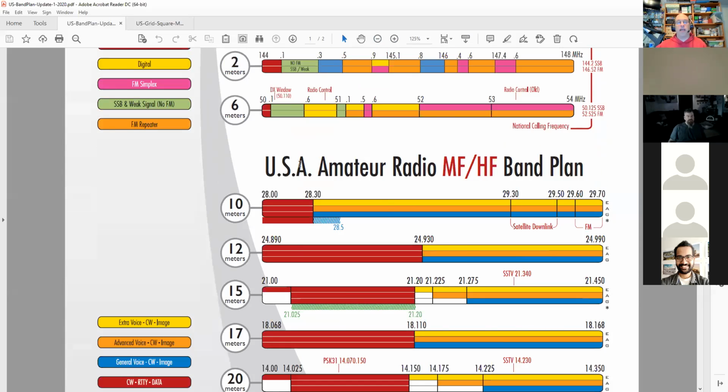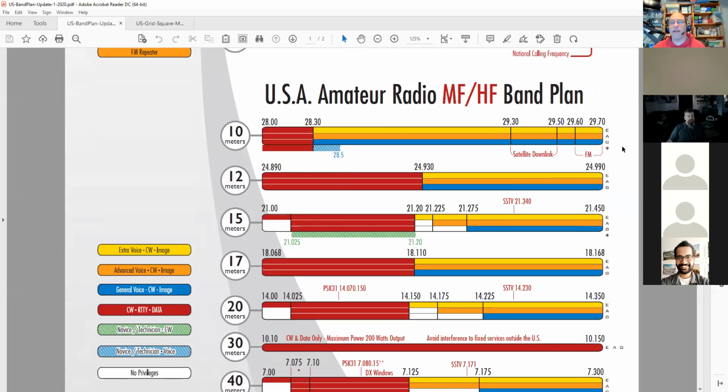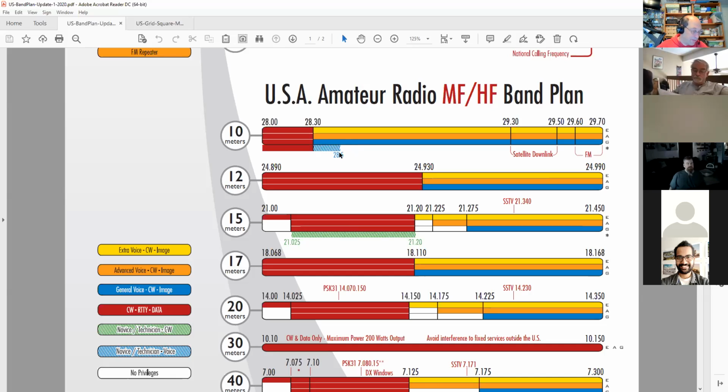Now let's take a look at the 10-meter band. Notice that you have this blue stripy hatch thing, which says novice and technician voice. You are actually, with a technician license, allowed to operate on the 10-meter phone band, which is actually pretty cool. It's been very good of late for talking to people overseas.